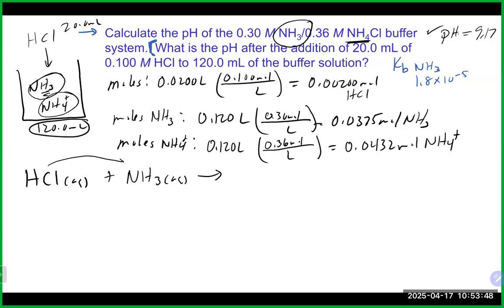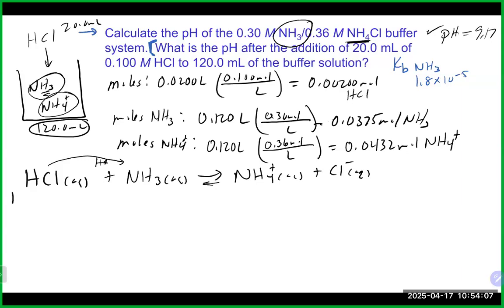Again, this is our acid, so it's going to send the H+ over, and we are going to end up with NH4+ Cl-. Or you could, if you wanted to, put them together as ammonium chloride, whichever way you want to do it.